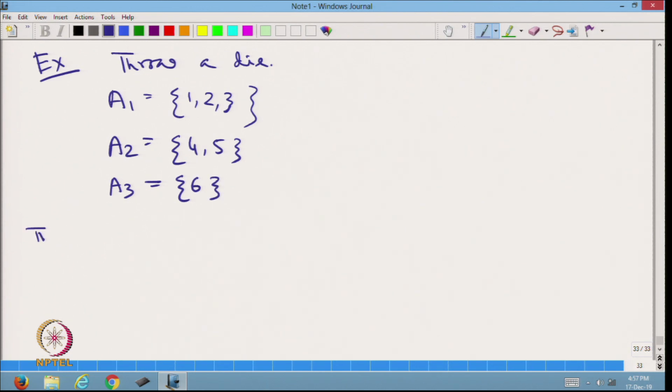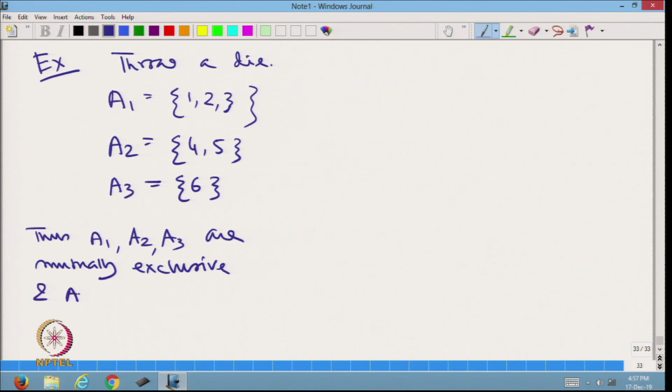Thus, A1, A2, A3 are mutually exclusive, and A1 union A2 union A3 is equal to omega.